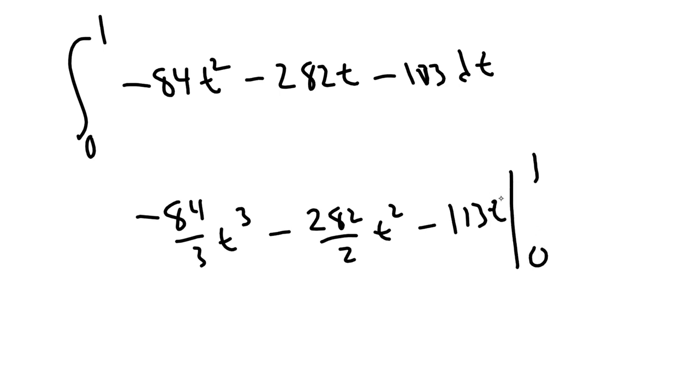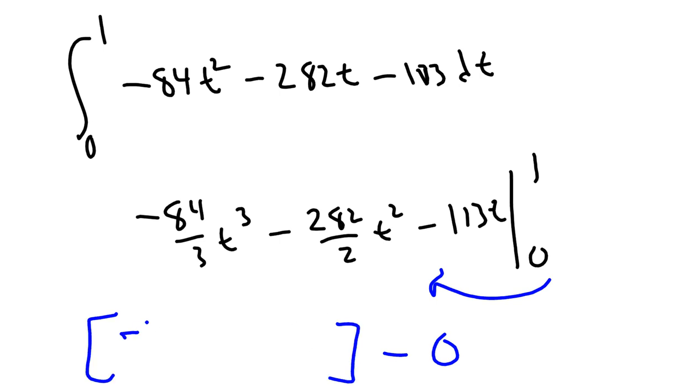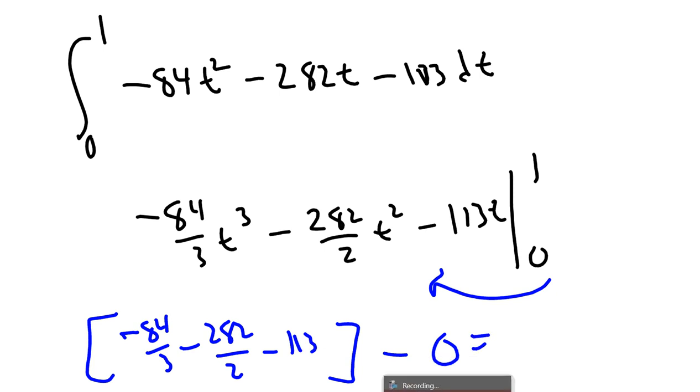It's easy to tell that if we plug the 0 in, everything would go to 0, so it would be a minus 0 at the end of this integral. So the only thing we really need to do is plug 1 in. So you get negative 84 thirds minus 282 over 2 minus 113. So let's see what happens when we plug all that in.